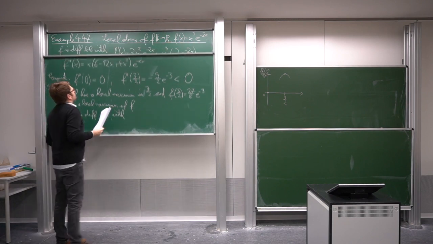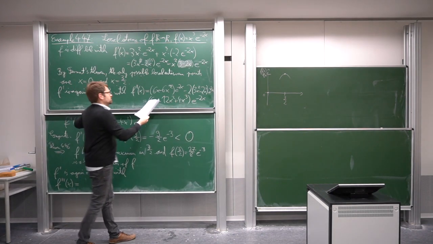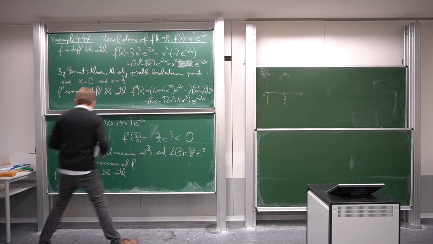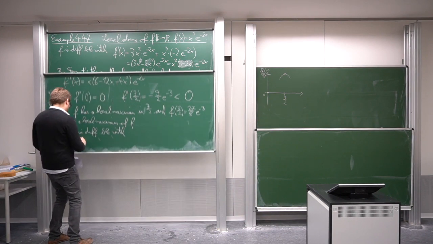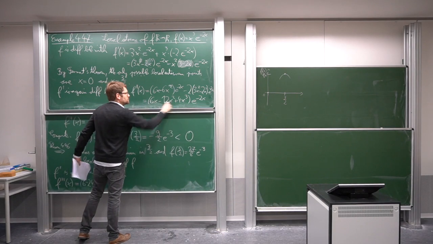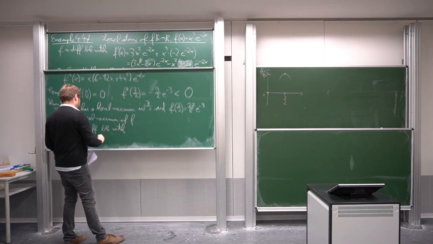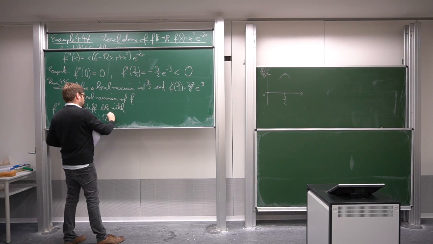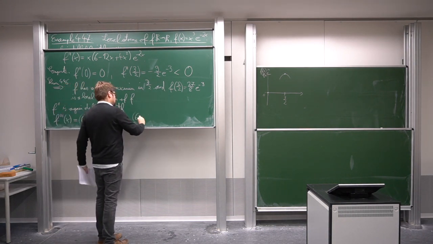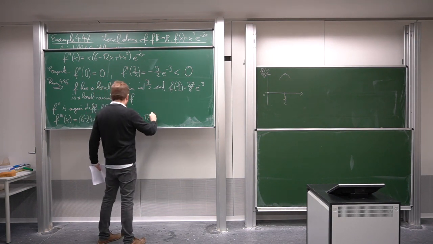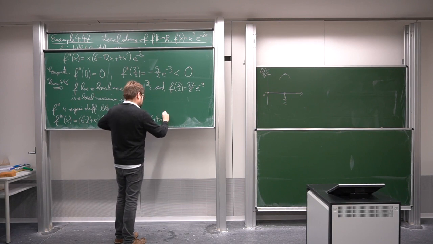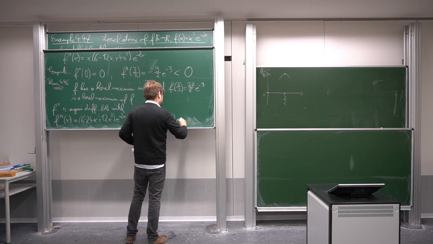Let's take this formulation here, where it's easiest to see what the derivative is. First, the derivative of this part, which is 6 minus 24x plus 12x squared, times e to the minus 2x, plus 6x minus 12x squared plus 4x to the 3, times minus 2e to the minus x.